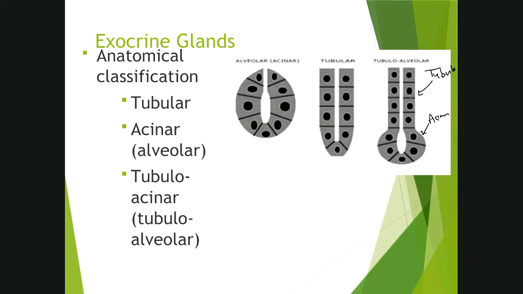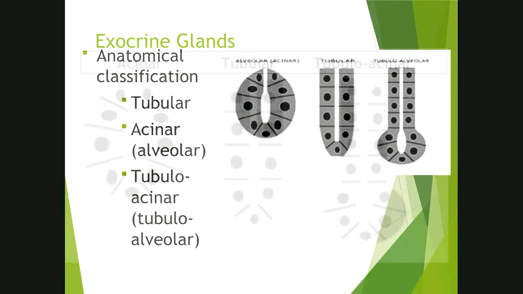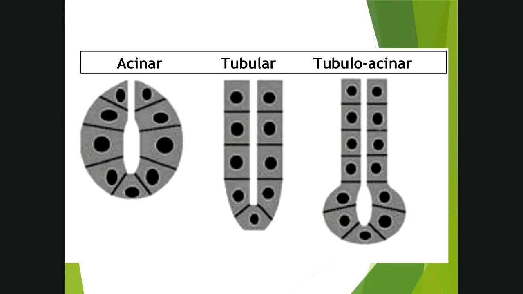So tubuloacinar, that's what it's called, or tubuloalveolar. So we can classify them into these three groups: tubular, acinar, and tubuloacinar. Everybody think they can pick these out?